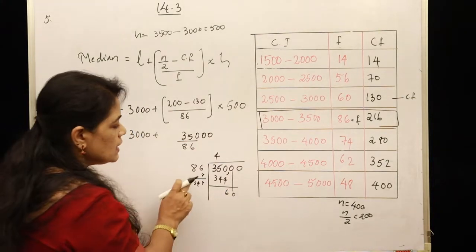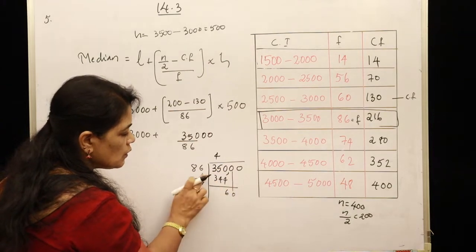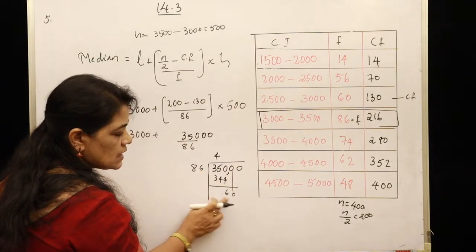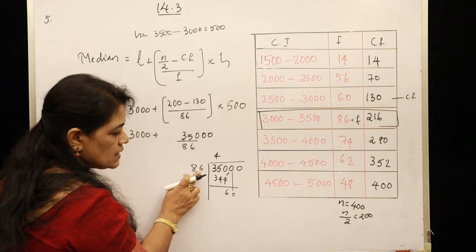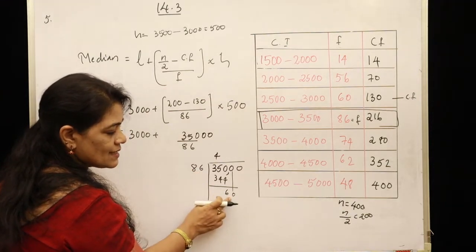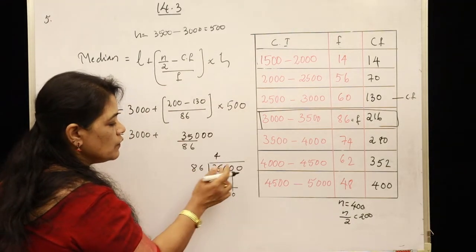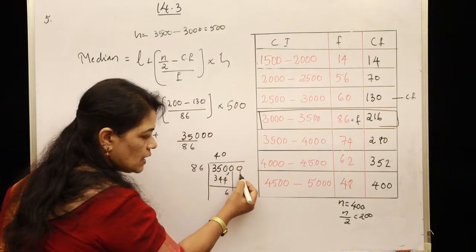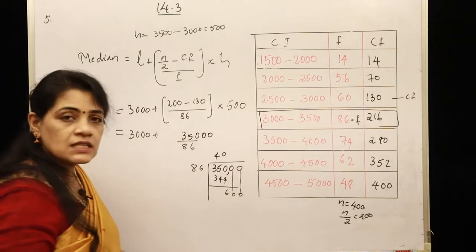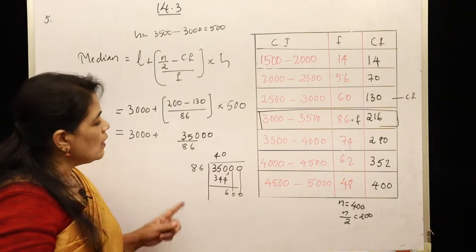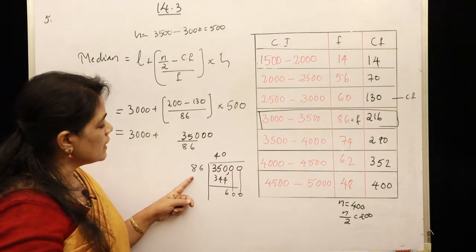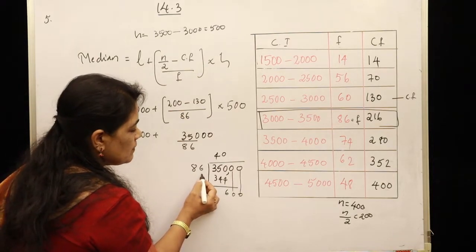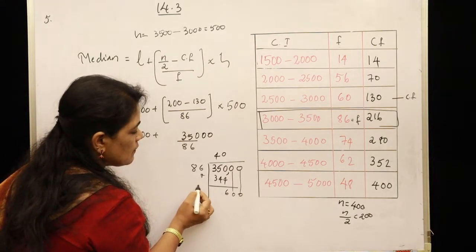See children, after bringing down the 0, now we have 60, and 60 is less than 86, so we have to put 0. In the next step you can bring down the last 0, and now the 60 becomes 600. Which number can we take? Can we take 7?